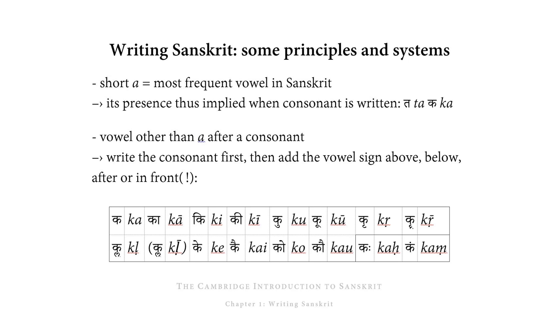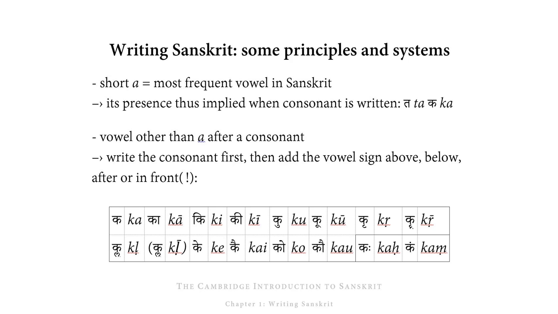Because nothing else is indicated, we have the consonant k followed by the vowel short a. If, however, I write a downward stroke towards the right of this consonant sign for k, then what I have is kā. So that downward stroke on the right of the consonant indicates a long a.